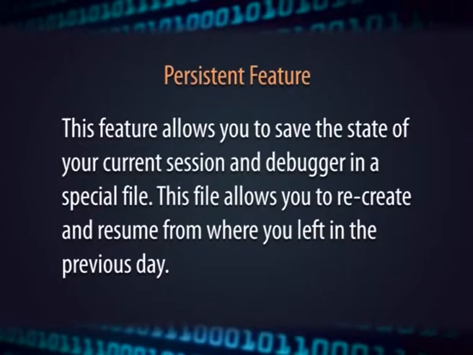With this feature, the debugger allows you to save the state of your current session and the debugger in a special file. This file allows you to recreate and resume from where you left in the previous day. Most debuggers allow you to create a file that contains these alias definitions.